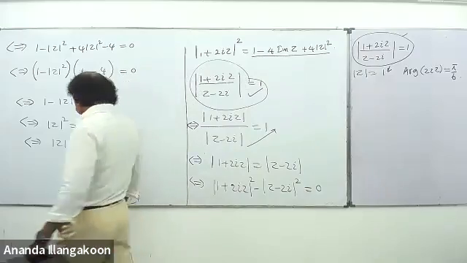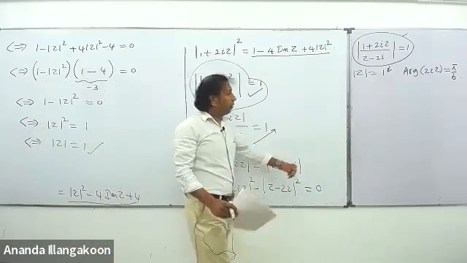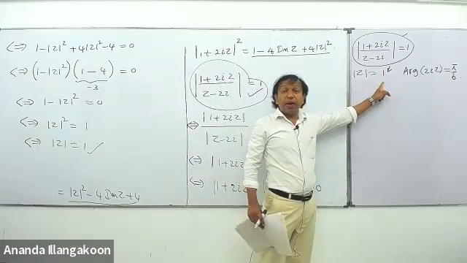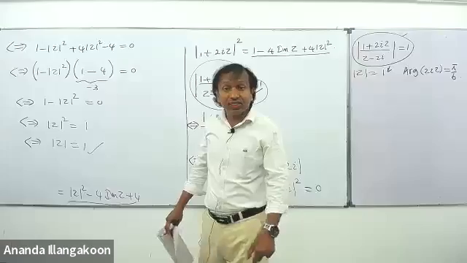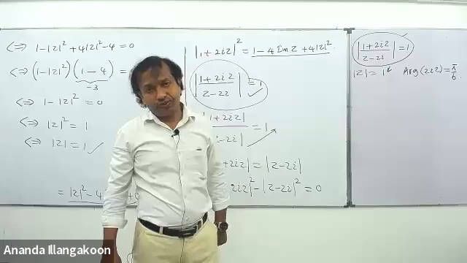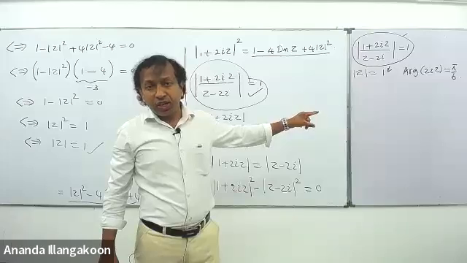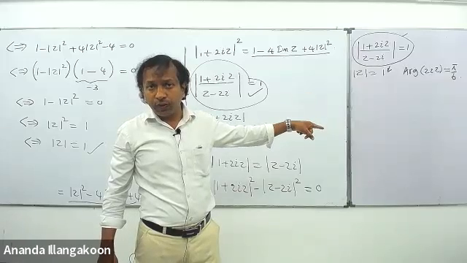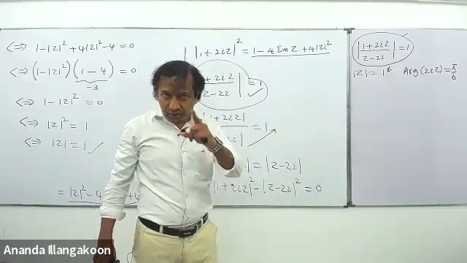Okay. Now let's see how to take this. People, can you tell me the path of mod z equals 1? What is that? It is a circle. Where? Center 0, radius 1. Yes. Then mod z equals 1 complex numbers lie on the circumference of the circle whose center is at the origin. Radius is 1. Am I correct? Yes.